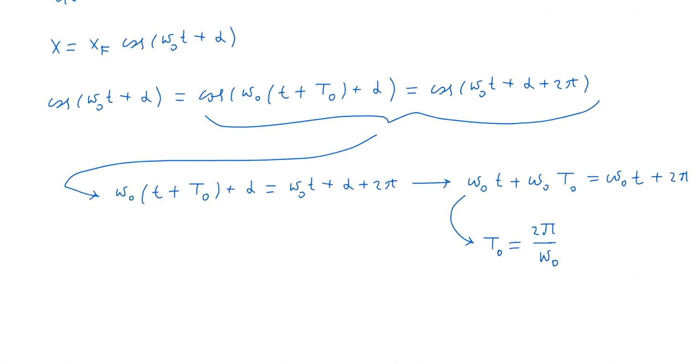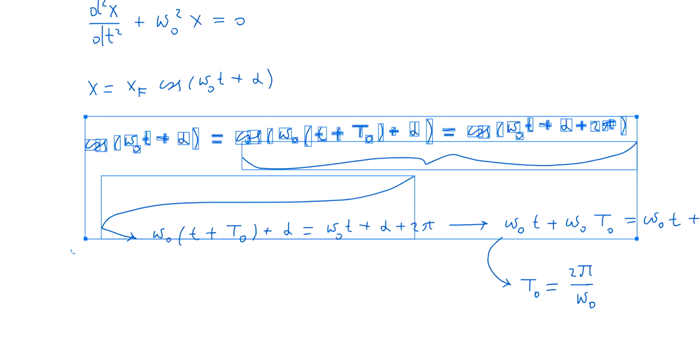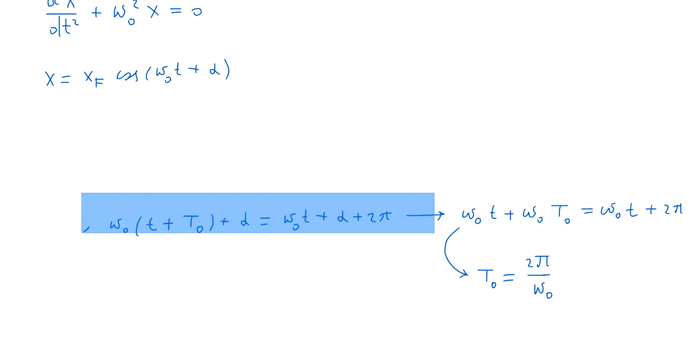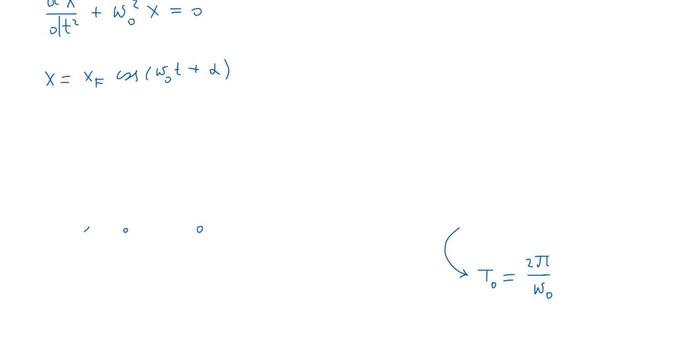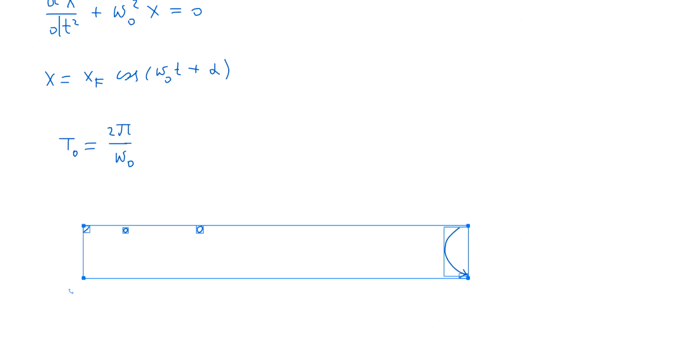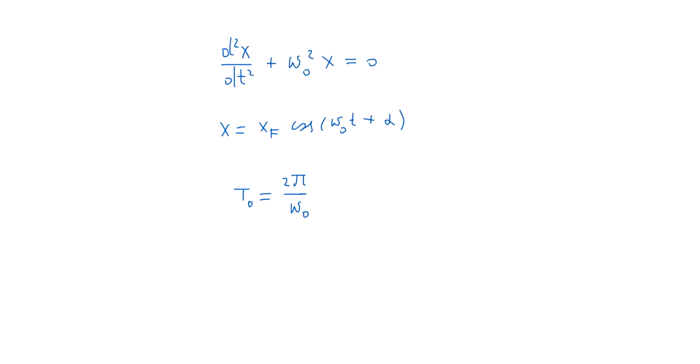I'll hide some unnecessary things, and we just need this result: double pi divided by omega 0.